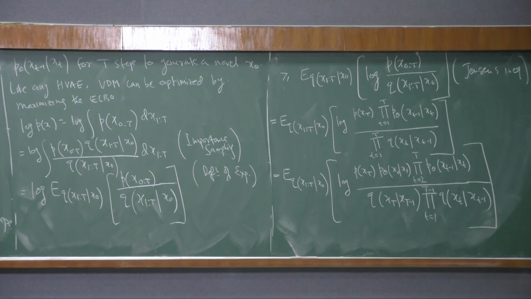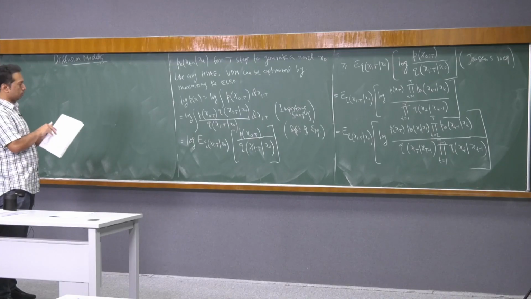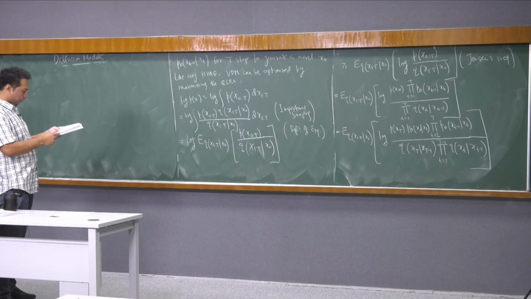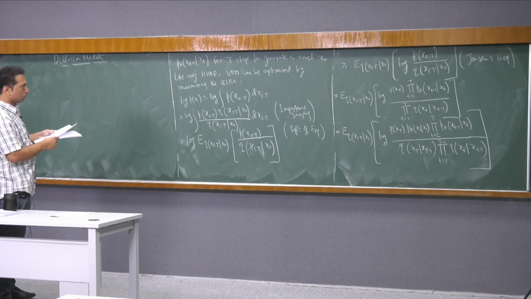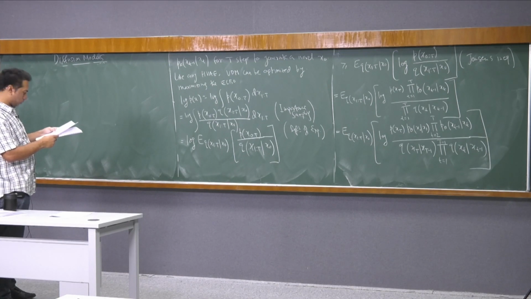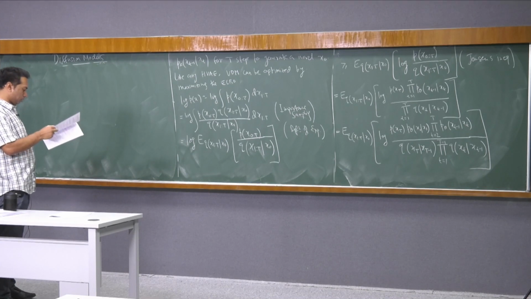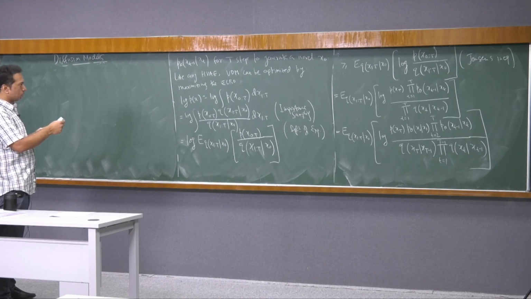So here we have 2 to t because the first term we took out, and p of xt was already there, that's fine.